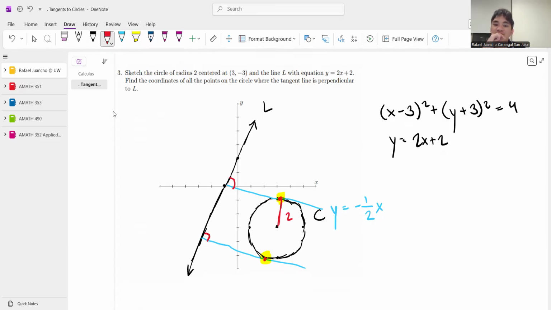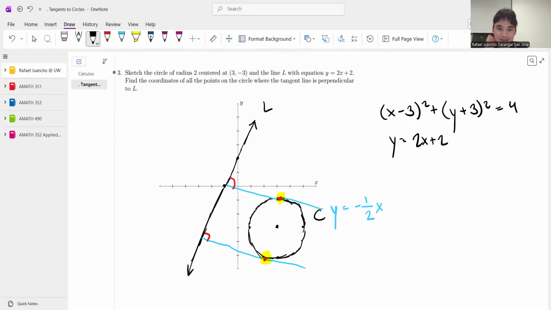Oh, I just realized something. That's two, but that's the distance. Doesn't even tell me anything. Oh no, we actually know the point. Oh, my bad. We know the point. I just forgot to put it.